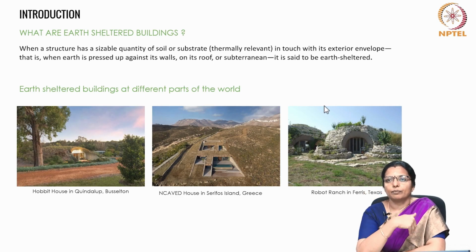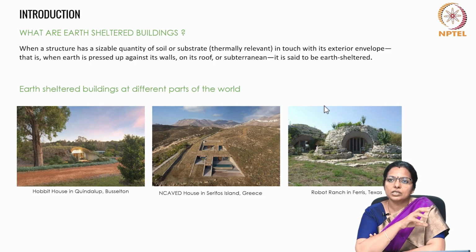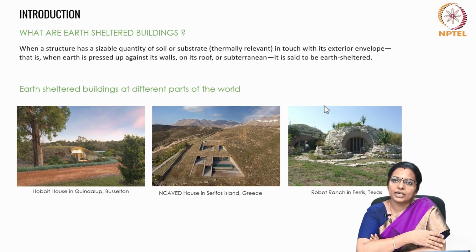When a structure has a sizable quantity of soil or substrate which is thermally relevant in physical contact with the exterior envelope, that is, when the earth is pressed up against the wall or its roof, or the building becomes subterranean, partially or completely, the building is termed as earth sheltered.